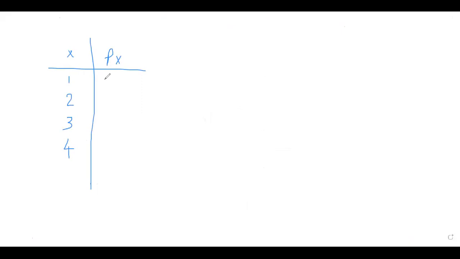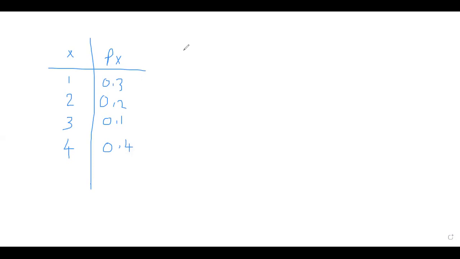We have 0.3, 0.2, 0.1, and 0.4. And you'll be asked to find the expected value. Now, the expected value sometimes will come in form of E(X).